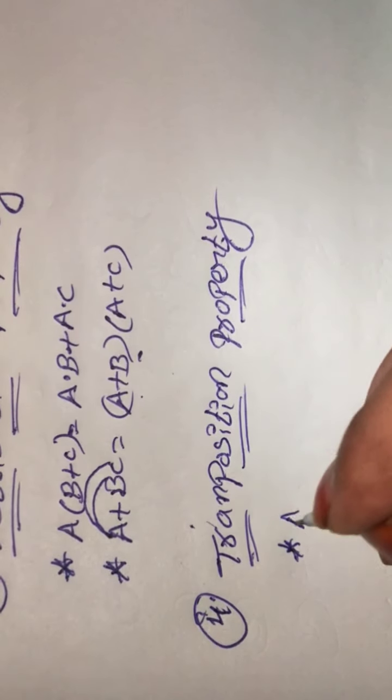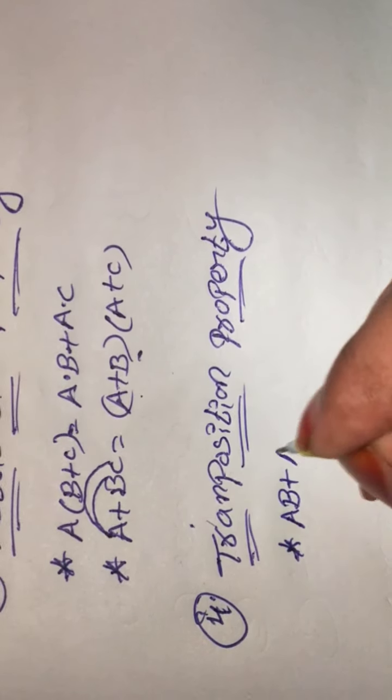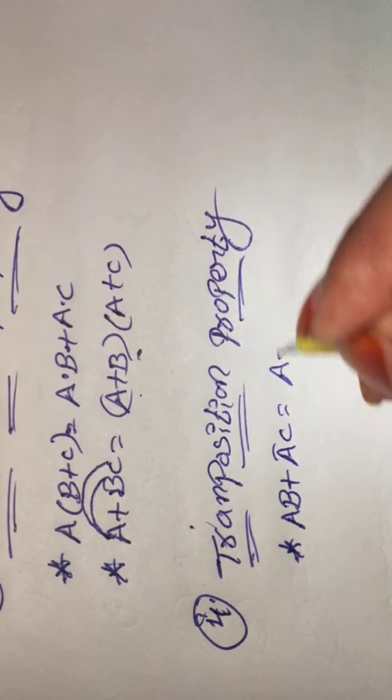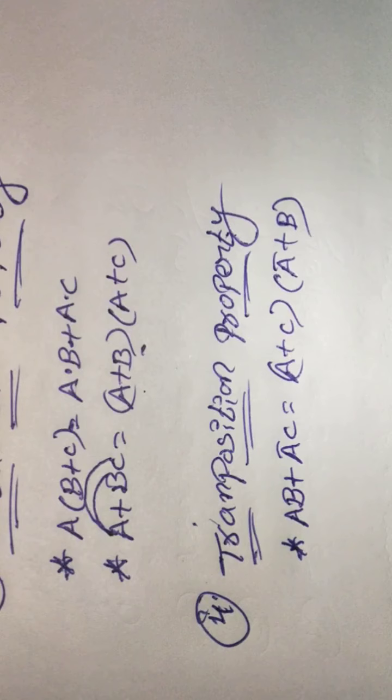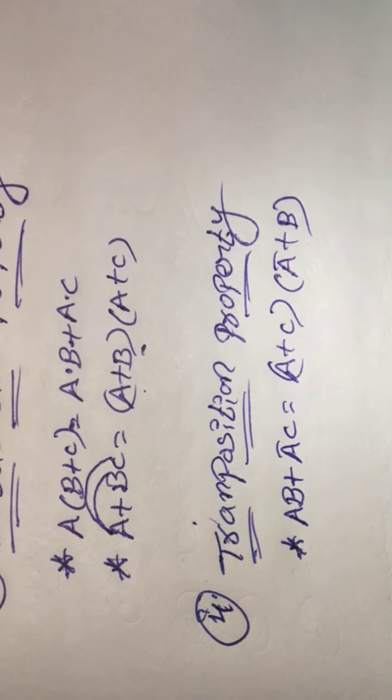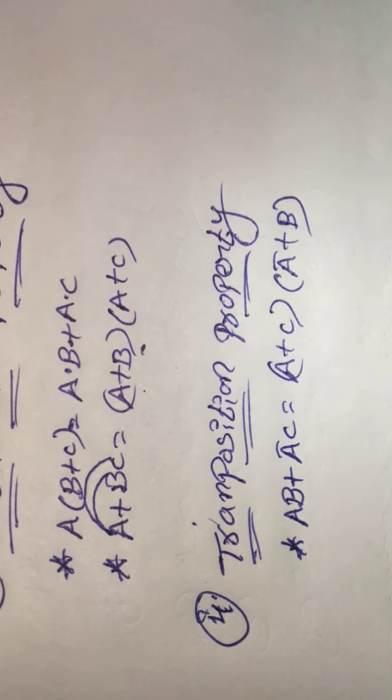Here AB plus A bar C equal to A plus C into A bar plus B. Any variable and its complement, its multiplication factor comes with addition.